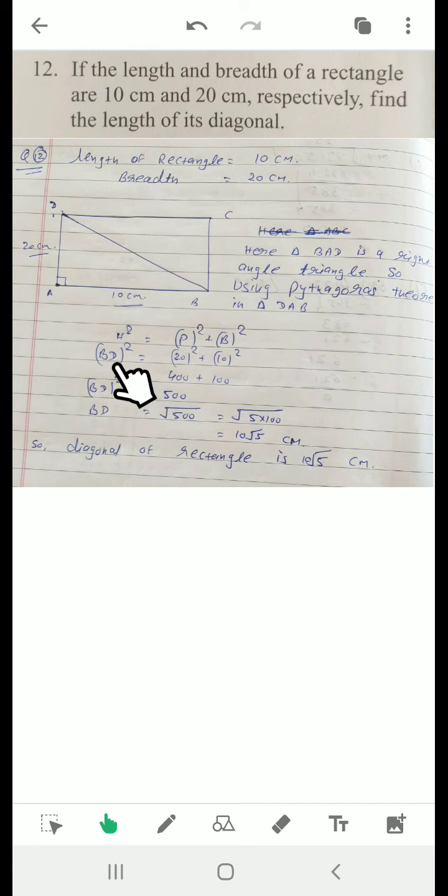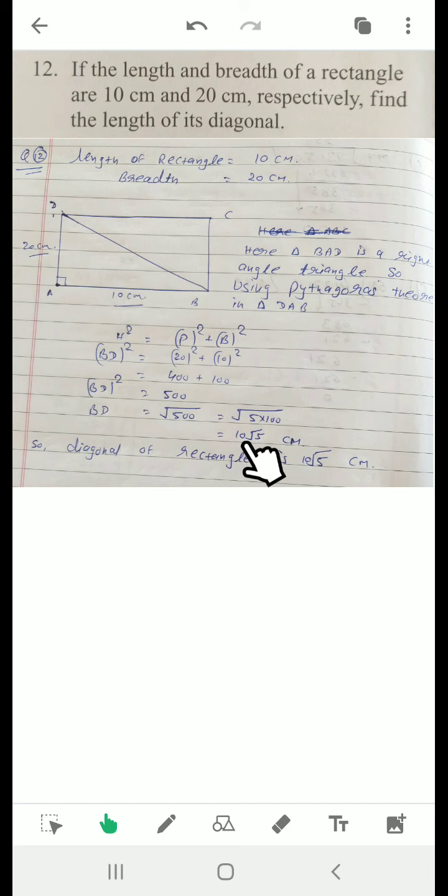So BD square, the diagonal is BD, the hypotenuse is BD here. So BD square is equal to 20 square plus 10 square. The square of 20 is 400, square of 10 is 100, and then BD square is equal to 500. So BD is equal to square root of 500.